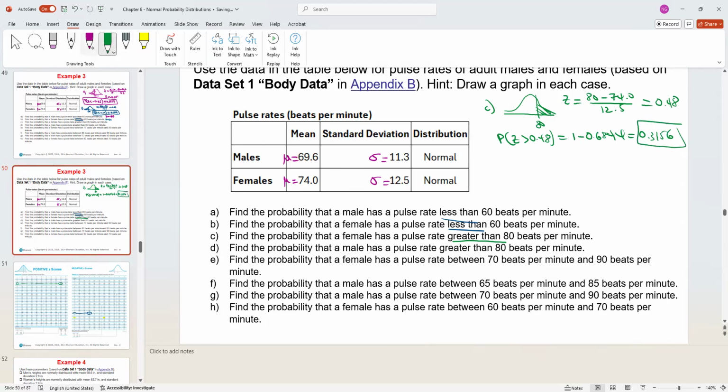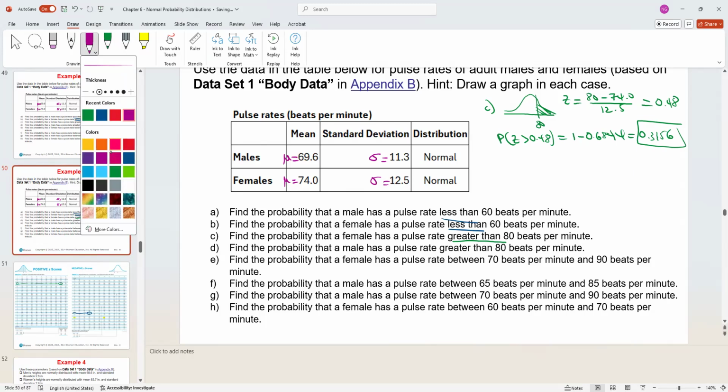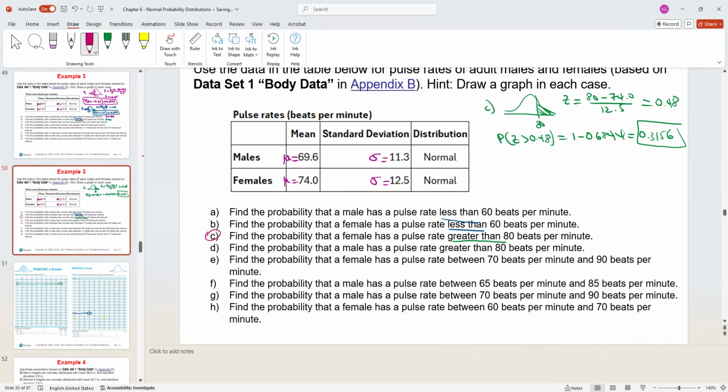Now, look, if you decide to go with different ones, let's do a between. We're gonna do between anything we want, right?